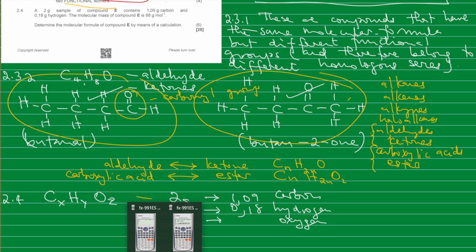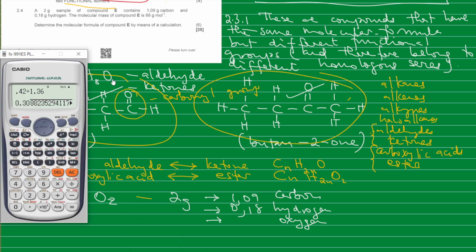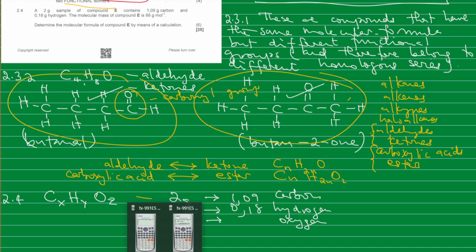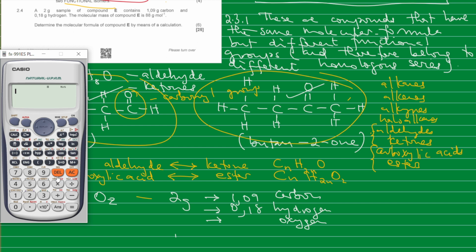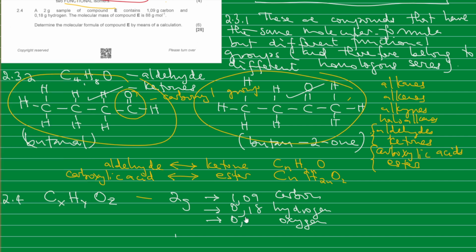So it's going to be 2 minus (1.09 plus 0.18). What is that? 0.73 grams of oxygen. You will see why we need these numbers.